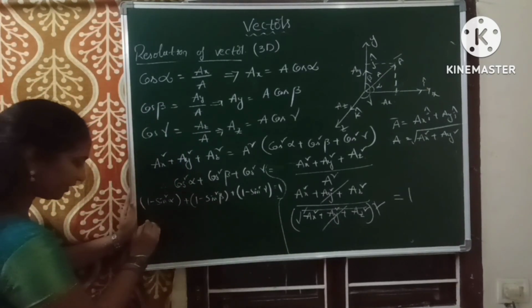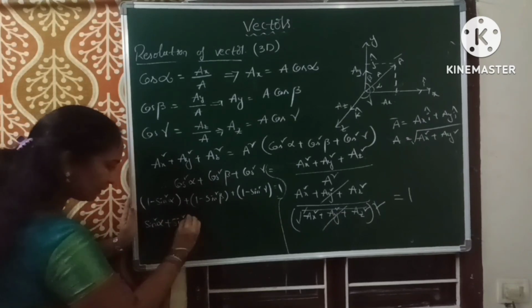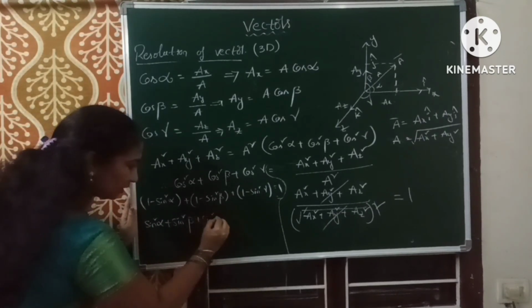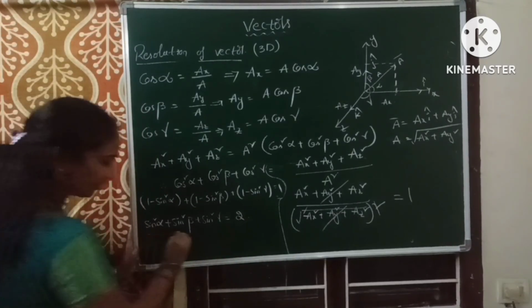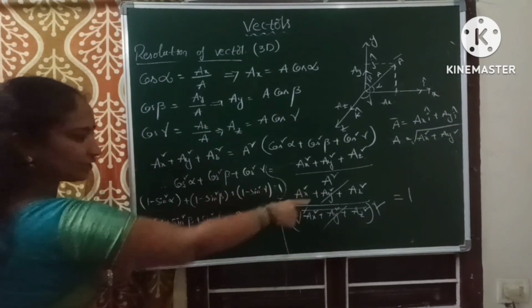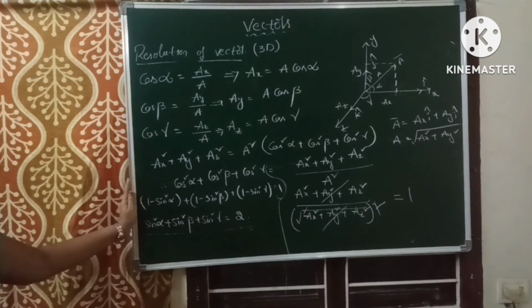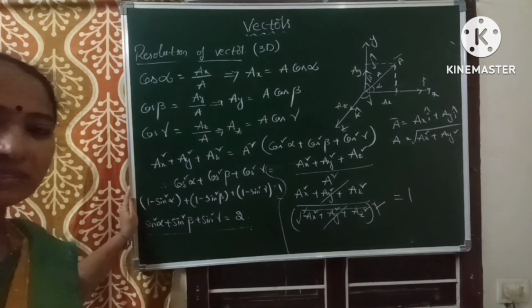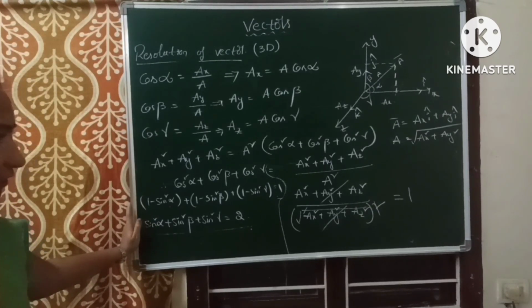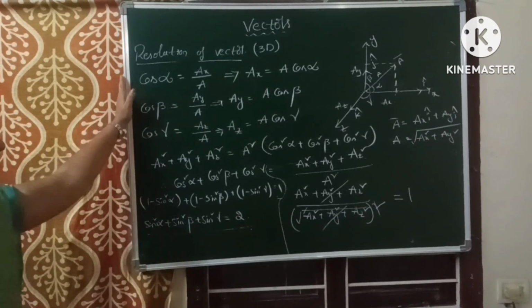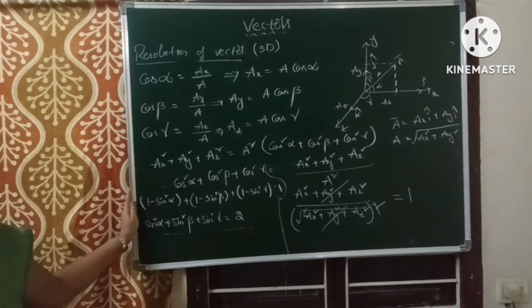So, if you simplify this, sin square alpha plus sin square beta plus sin square gamma is equal to, what answer do we get? 2. This is the standard formula and this is also a standard formula. We must remember: cos square alpha plus cos square beta plus cos square gamma is equal to 1 and sin square alpha plus sin square beta plus sin square gamma is equal to 2. These are very, very important points. So this is about the resolution of vectors in 3 dimension and resolution of vectors in 2 dimension.